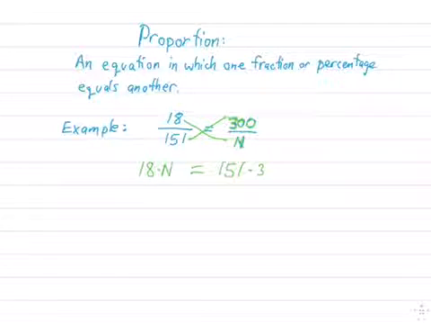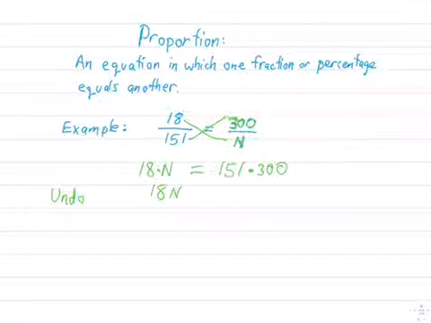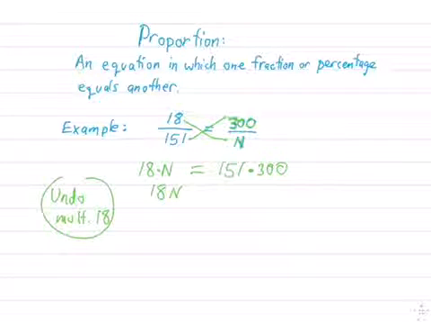150 times 300. If I want to be able to solve this equation for n, I need to undo the multiplied 18, and the way we undo multiplication is by division.